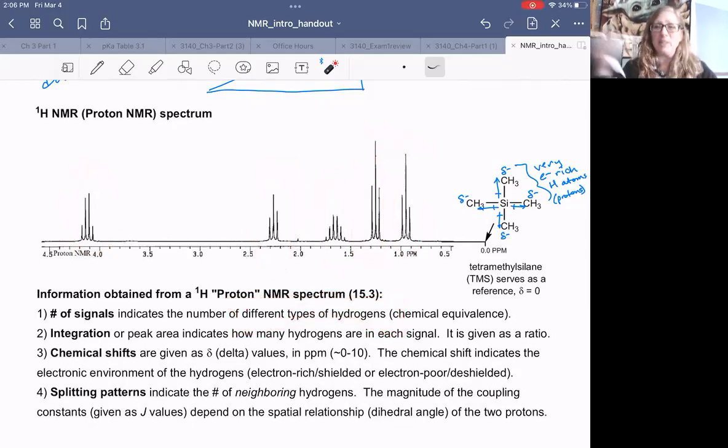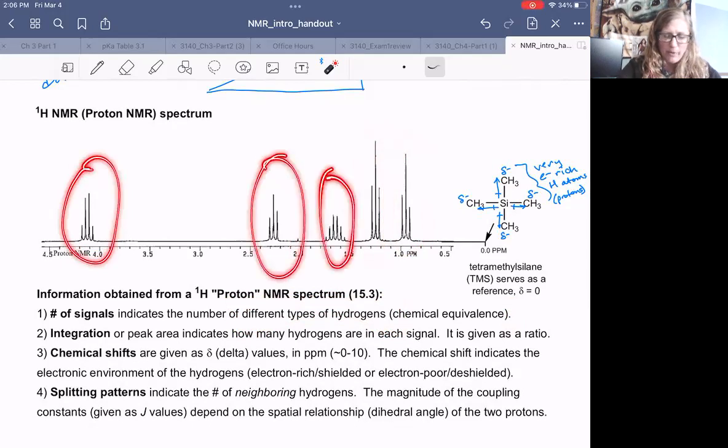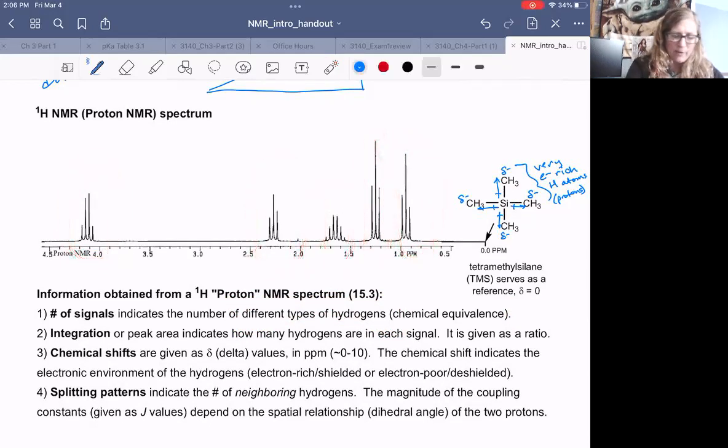How many different kinds of protons are there? And for that, we're going to talk about how you decide that certain protons will be equivalent to each other. For this example, we have 1, 2, 3, 4, 5. There's 5 in this particular spectrum.